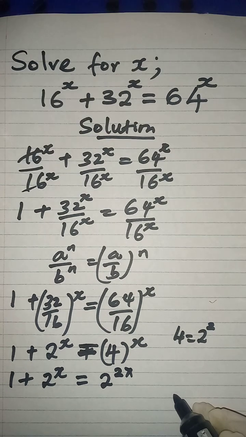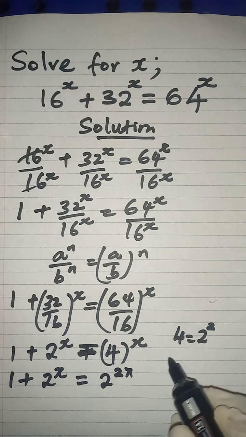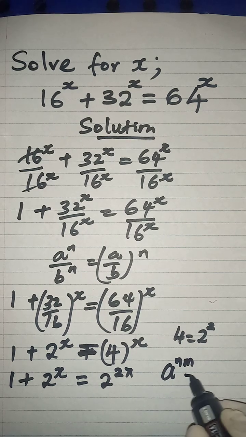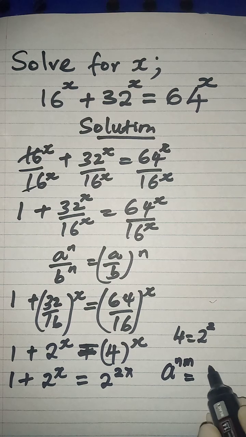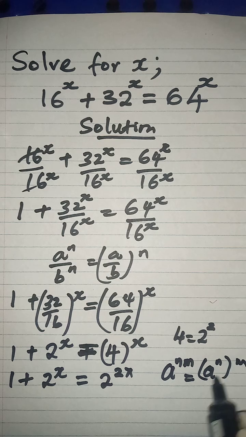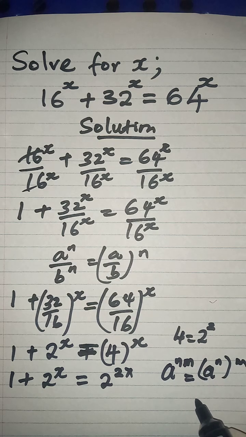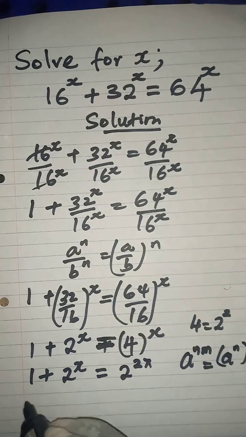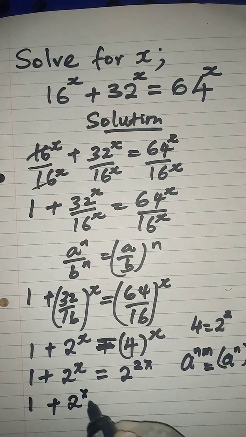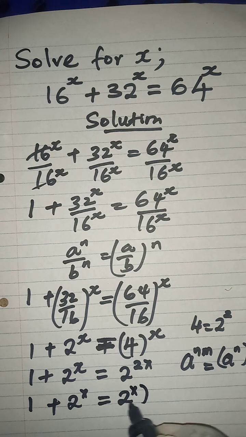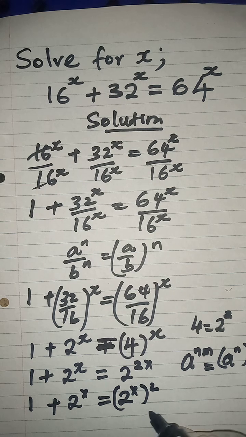At this stage, if you have a raised to n multiplied by m, this is shifted as a raised to n power m. So using that, I'm going to write it as 1 plus 2 raised to x is equal to 2 raised to x, squared. I've just moved the square outside.